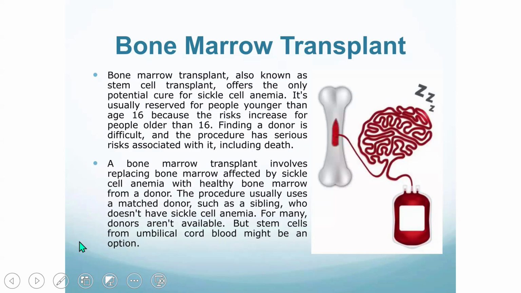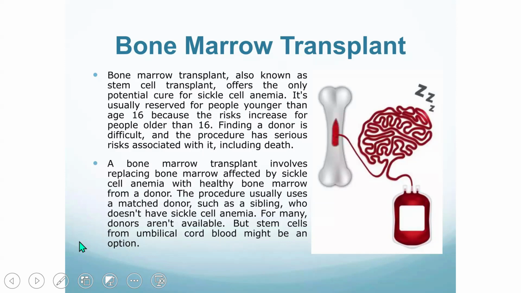So a bone marrow transplant involves replacing bone marrow affected by sickle cell anemia with healthy bone marrow from a donor. But the procedure usually uses a matched donor. So it's not every bone marrow that you just transplant.